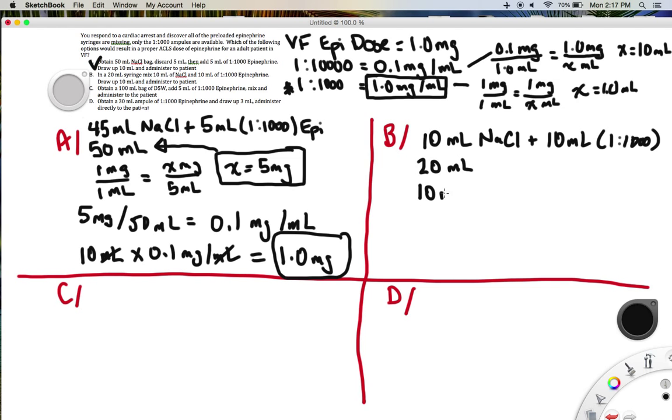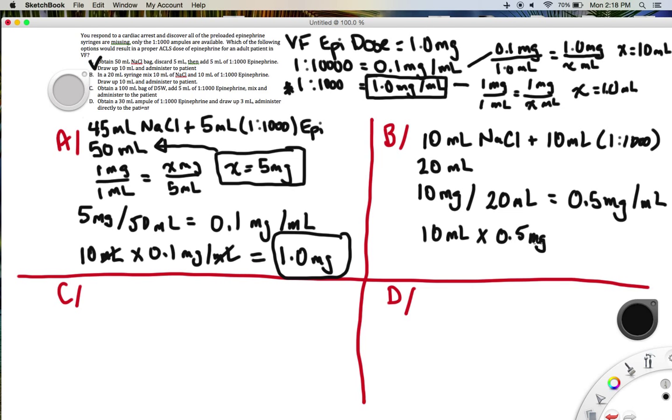So we've got 10 milligrams per 20 mils, or 0.5 milligram per mil. The question says draw 10 mils and administer that, so 10 mils times 0.5 milligrams per mil, cross out your units, you're now giving this patient 5 milligrams of drug. That's 5 times overdosed, okay? So B is wrong.